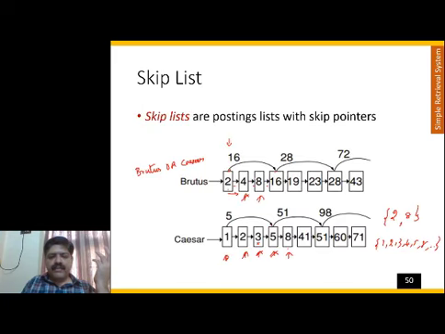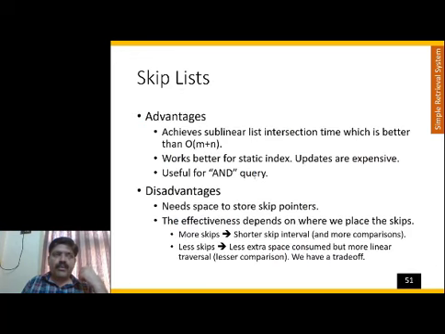Research shows that root n, where n is the length of the list, is one of the good measures for the skip gap, but it could be data dependent, and it could be query dependent as to what the users are likely to query.